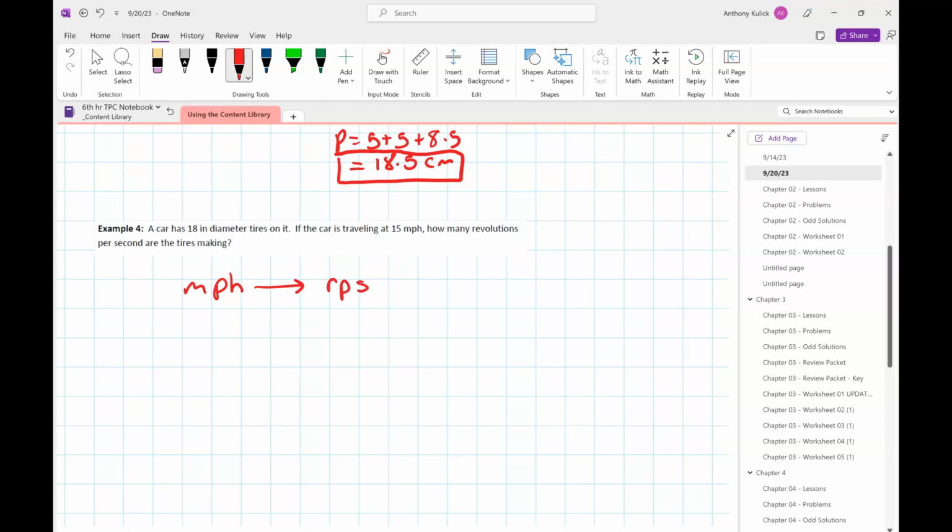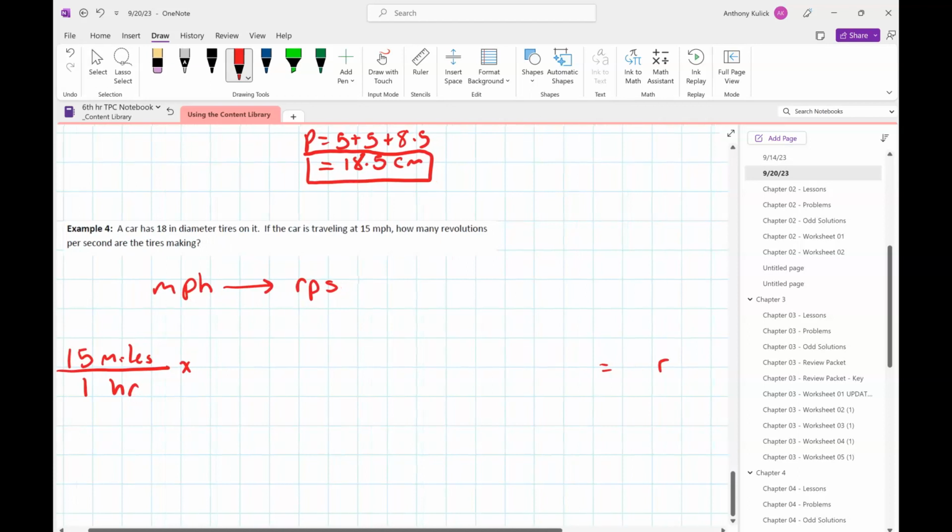That's our unit conversion that we're being asked to do. Everybody square with that? So we're going to start with 15 miles in 1 hour. And somehow we got to end up in revolutions per second.